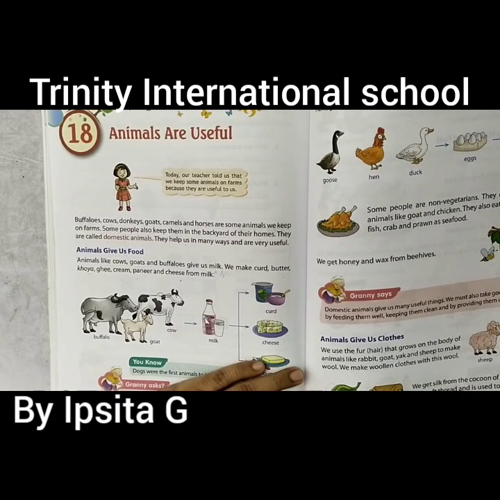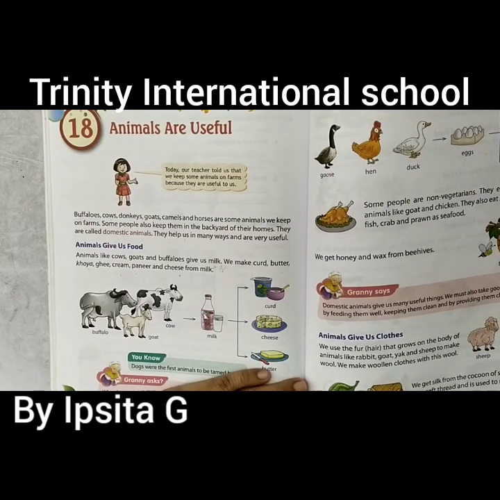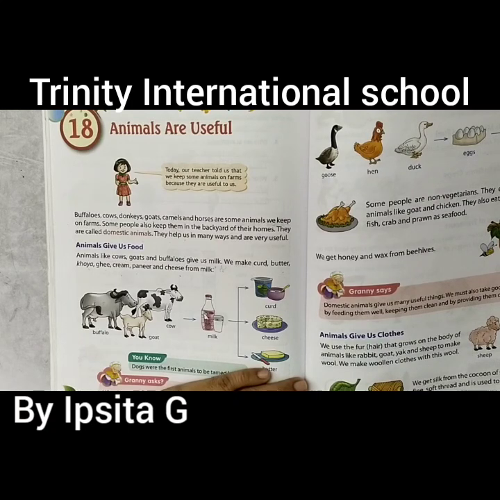Then we have also learned about the young ones of animals. Now in this chapter we will learn about the usefulness of animals. That is how animals are useful to us, that is to human being.